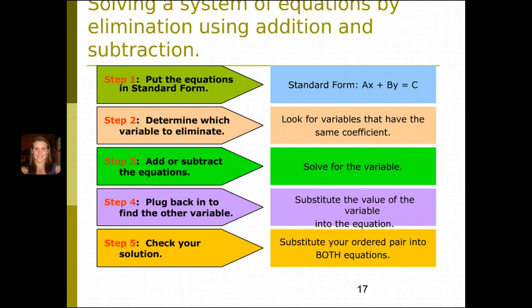Then we need to decide if you're going to add or subtract them in order to get rid of and eliminate that variable. Once you have solved for one, you're going to substitute it back in for the other equation so you can get the other variable.